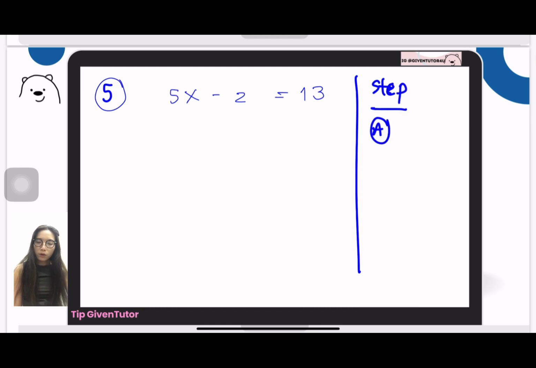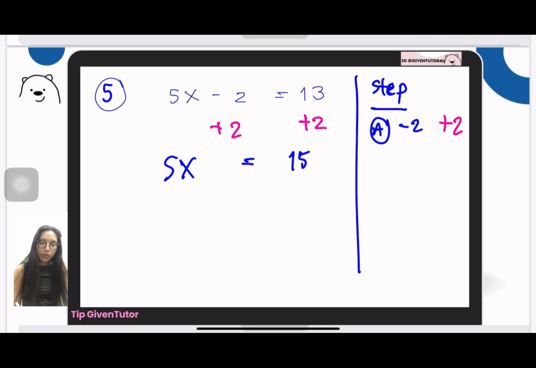Step A, you have the minus 2 here, and the reverse will be plus 2, right? So you plus 2 on both sides right here. So you get 5x, and 13 plus 2 will be 15, right?